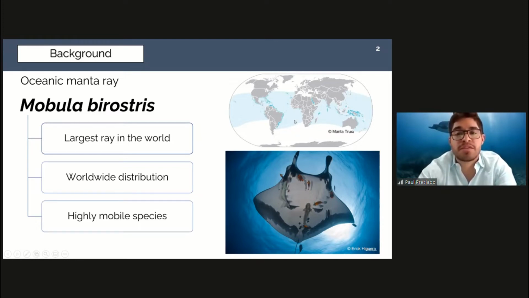This is considered a solitary species with the ability to travel long distances between aggregation areas searching for food. But these long-distance movements occur at different spatiotemporal scales, where mantas could be susceptible to natural or anthropogenic injuries during these movements.